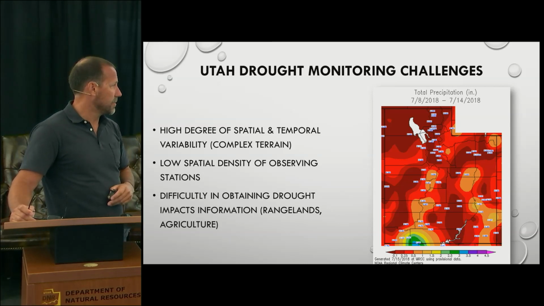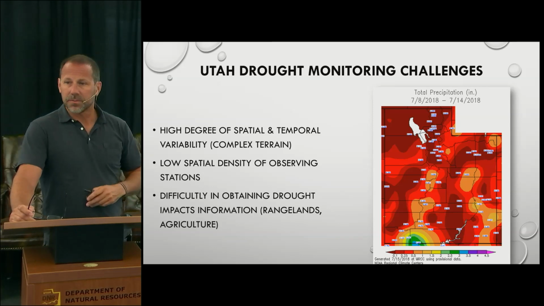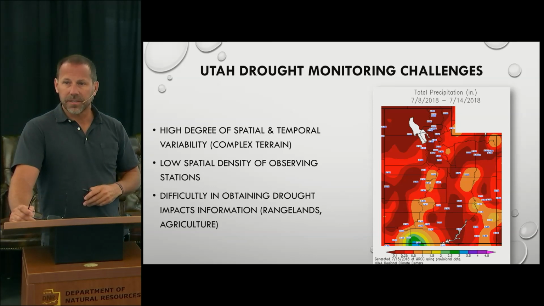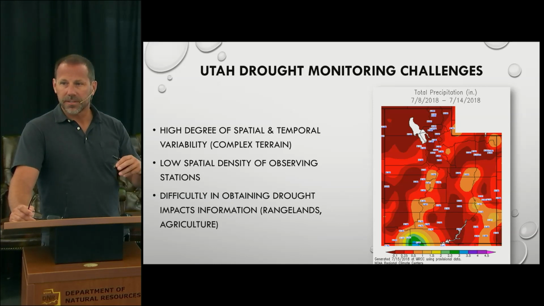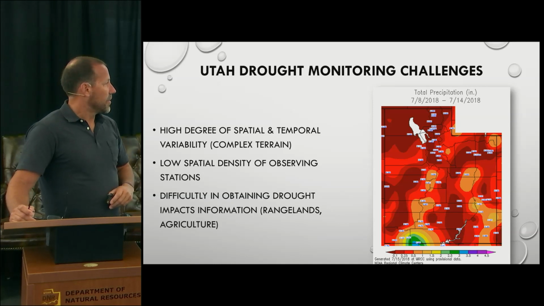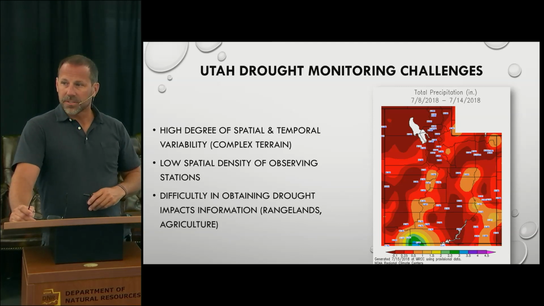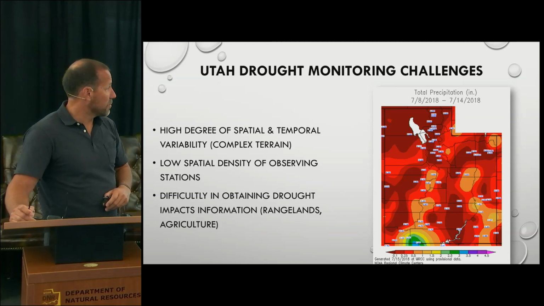Obviously you've got a lot of mountains in the state and complex terrain, so you see a lot of variability between windward and leeward sides of ranges. Also the low spatial density of the observing stations.